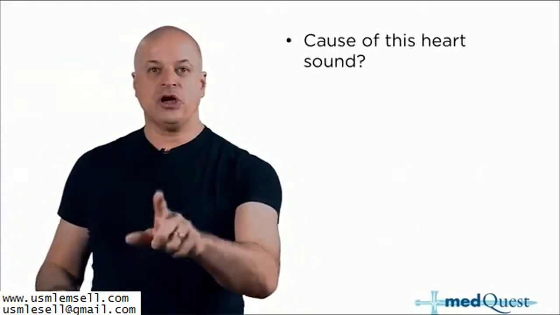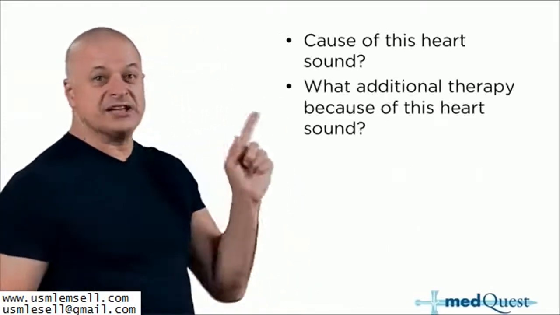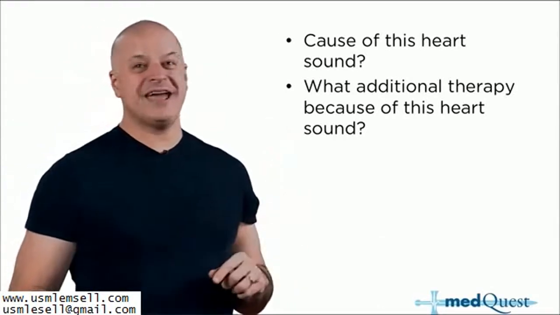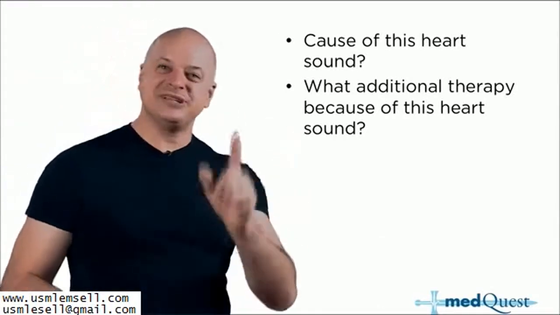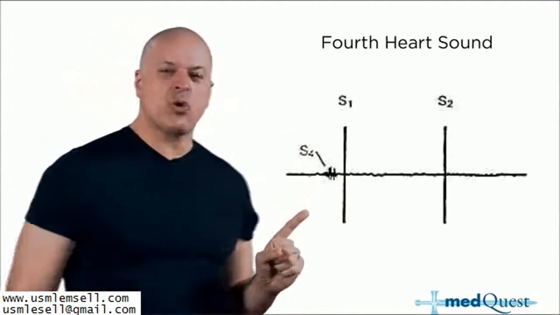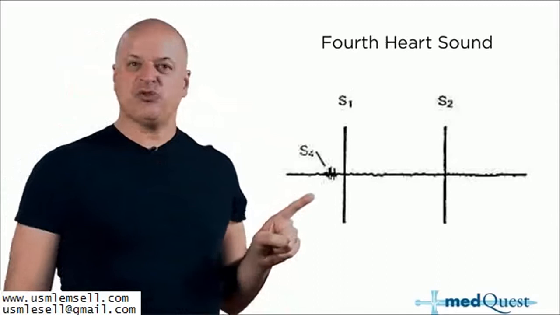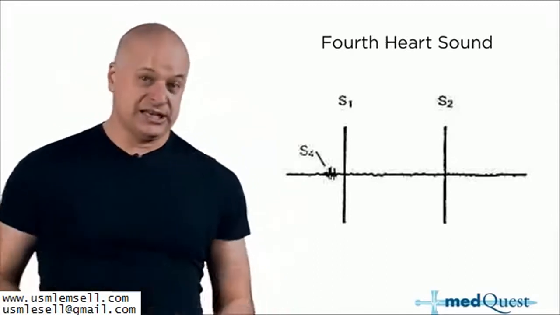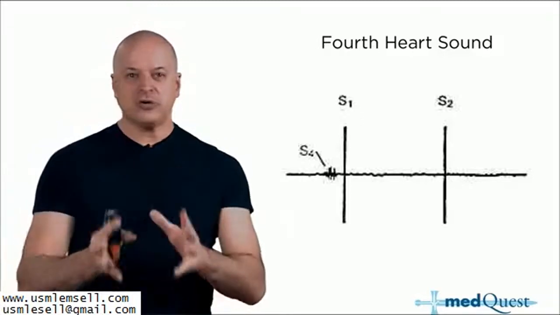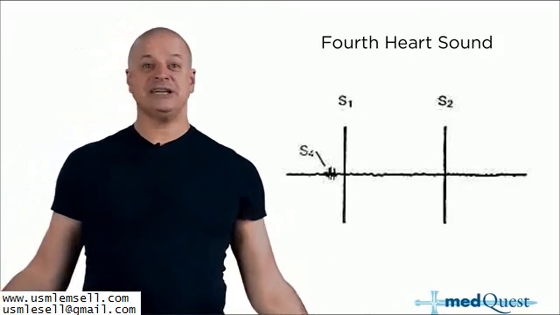This extra heart sound is from long-standing hypertension, and you don't have to give extra therapy because you need to treat the hypertension anyway. It's an S4 gallop. An S4 gallop does not need extra medication because you already need to treat the hypertension.